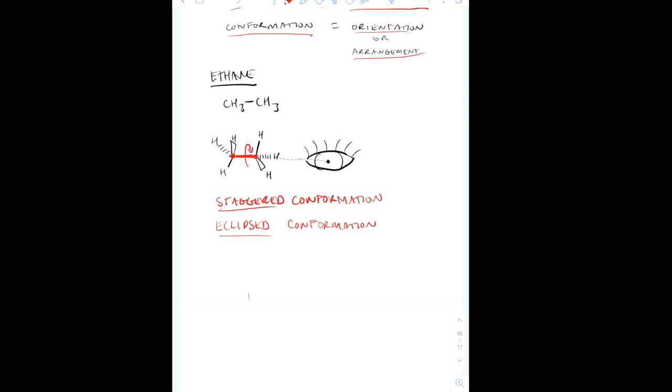Okay, and one more vocabulary word I want to give you is a dihedral angle. Okay, and that's basically the angle that we have between 4 different atoms. So 1, 2, 3, 4, for example.